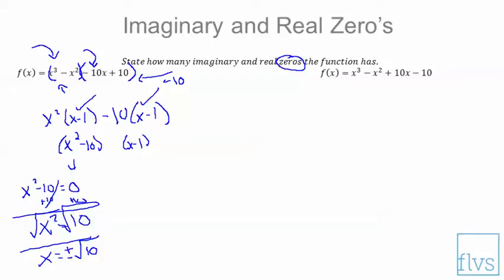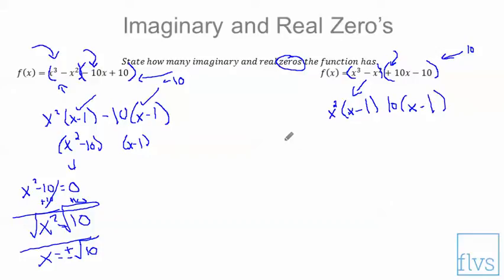So let's take a look at what happens on the second example. Again, I have 4 terms, so I'm going to group them again. Very similar to the previous question, but there is a difference. When I take out the GCF, I'm still going to have an x squared, leaving me with x minus 1. Over here, I'm going to factor out a positive 10, because 10 is my GCF and the first number is positive, leaving me again with x minus 1.